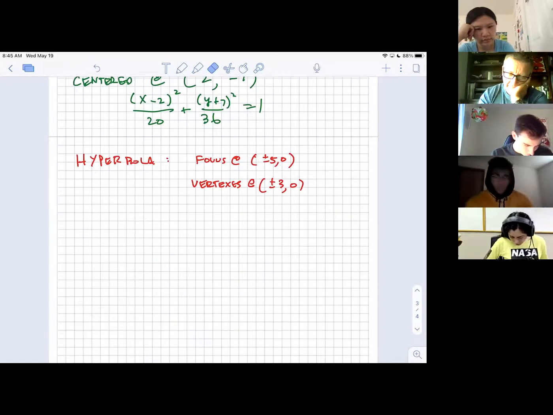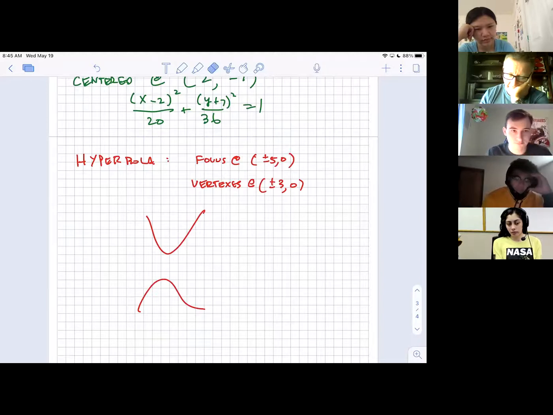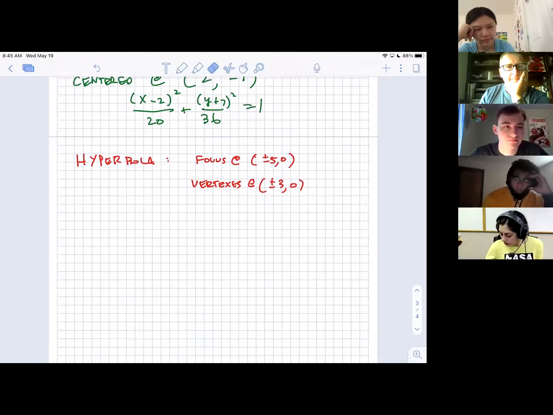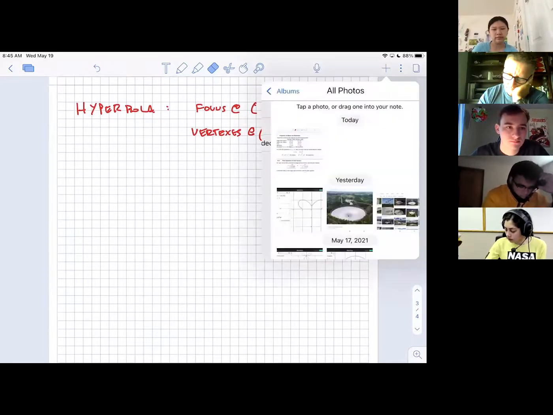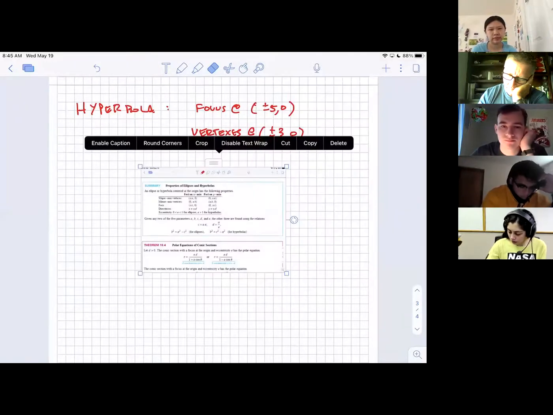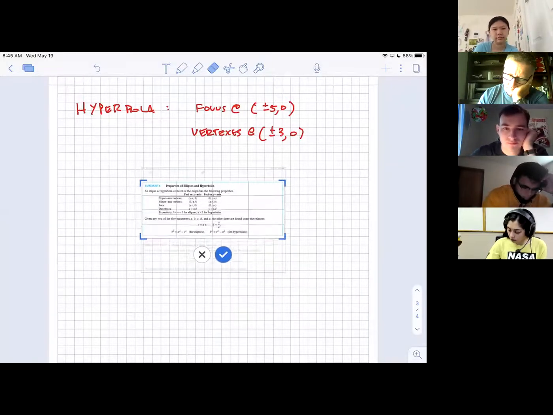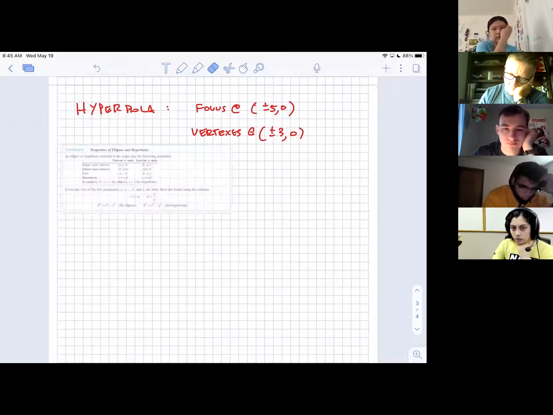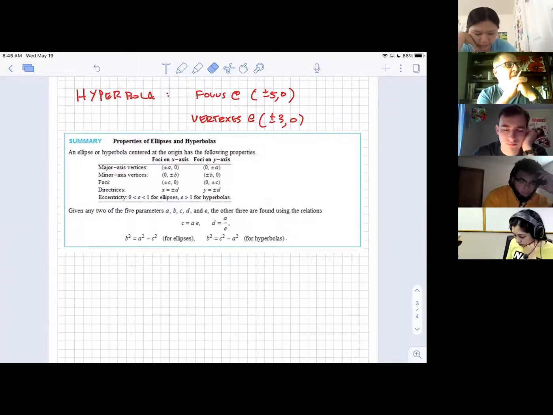Is it like this, up, down as a hyperbola, or is it left, right? So this only works centered at the origin.